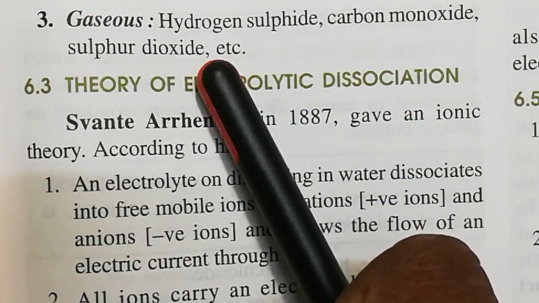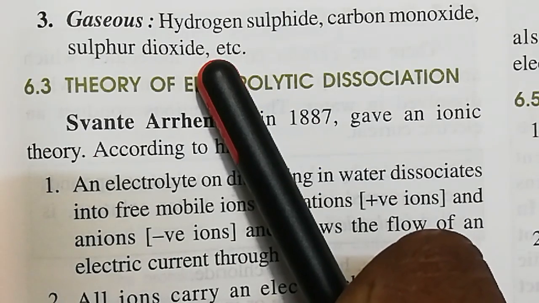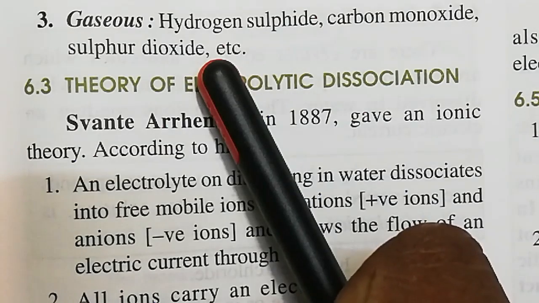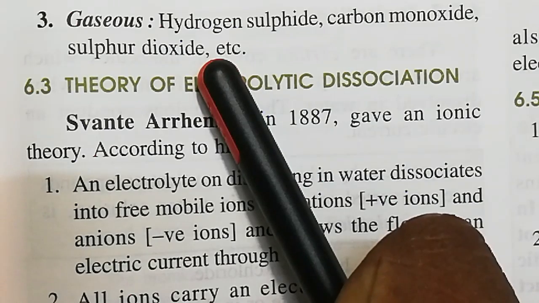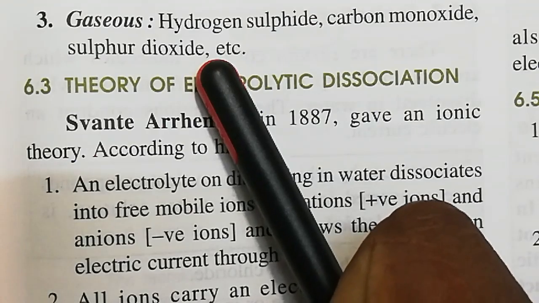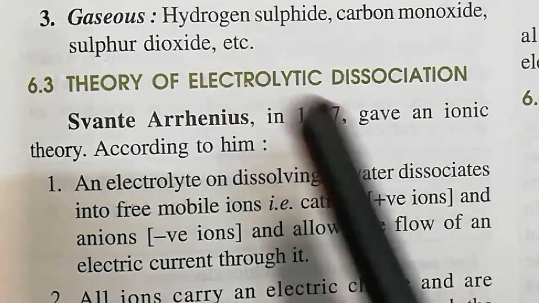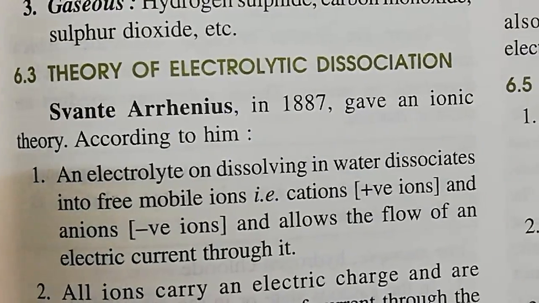So all of you have to remember solid, liquid, gas oxidizing agents and solid, liquid, gas reducing agents. And we'll definitely discuss why electrolysis is a redox reaction, because at the cathode reduction occurs and at the anode oxidation occurs, and I will discuss how, step by step.